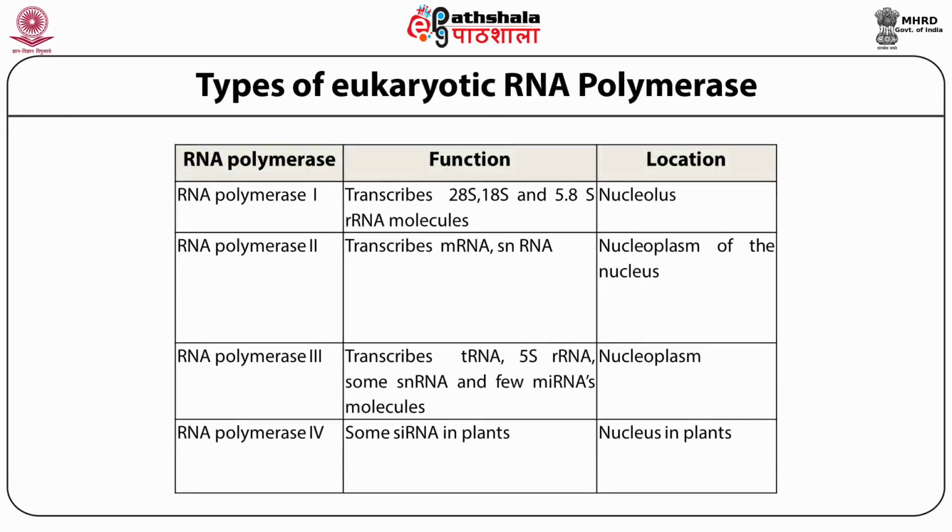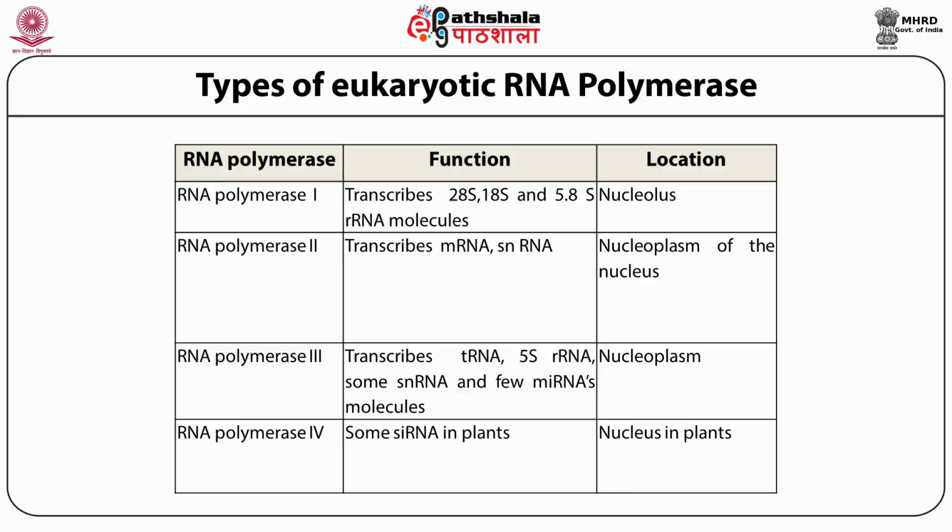Types of eukaryotic RNA polymerase. RNA polymerase, function, location. RNA polymerase 1 transcribes 28S, 18S and 5.8S rRNA molecules. Location: nucleolus. RNA polymerase 2 transcribes mRNA and snRNA.